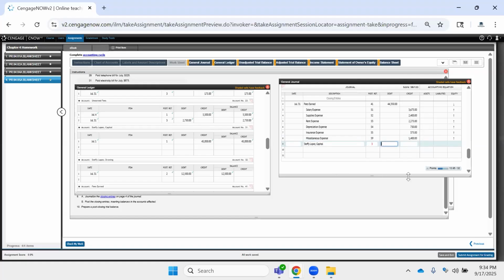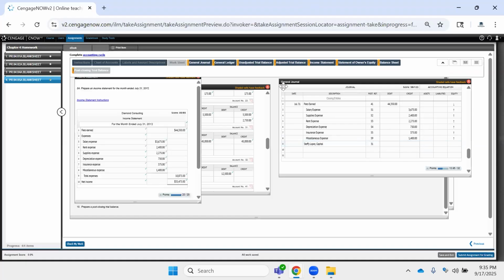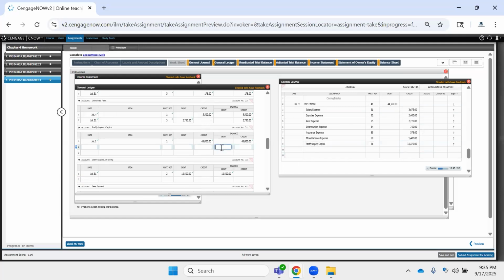And the amount that goes to Steffi Lopez capital is going to be the same amount as net income on the balance sheet, which is our revenues minus our expenses, our debits minus our credits. That gets our remaining credit balance to balance at our net income amount of 33,475. And so that's going to increase our capital.